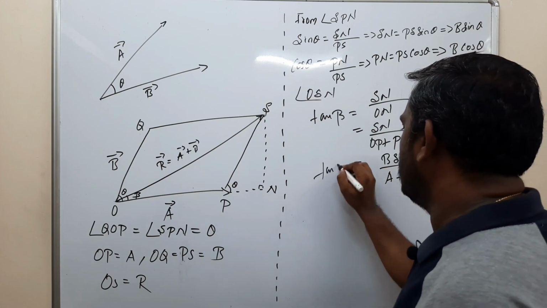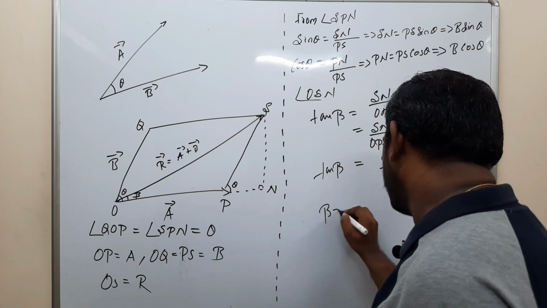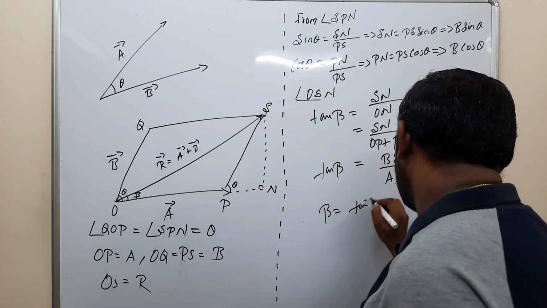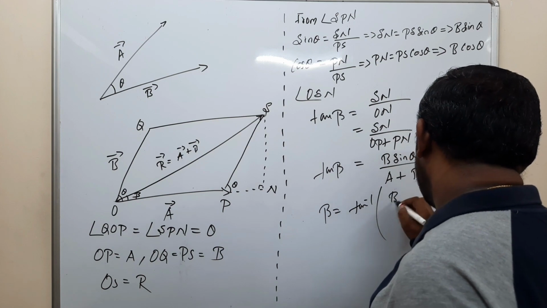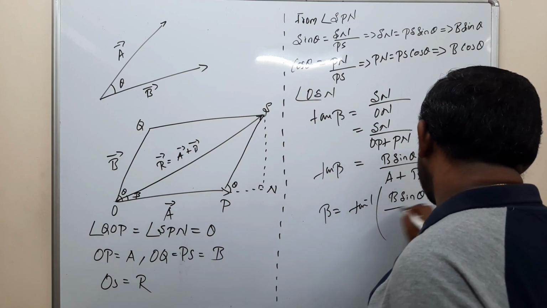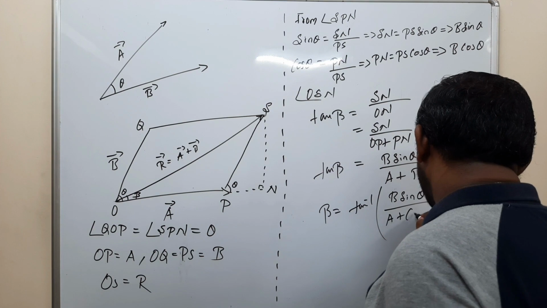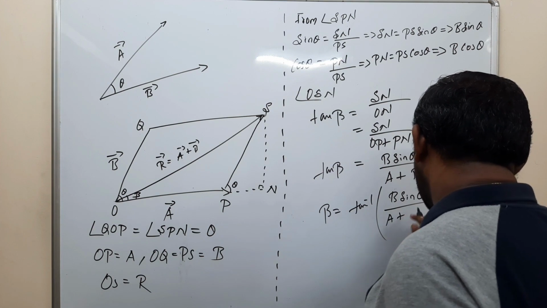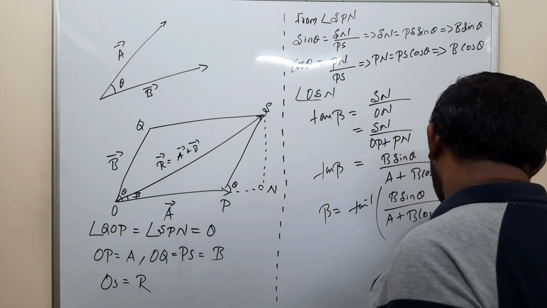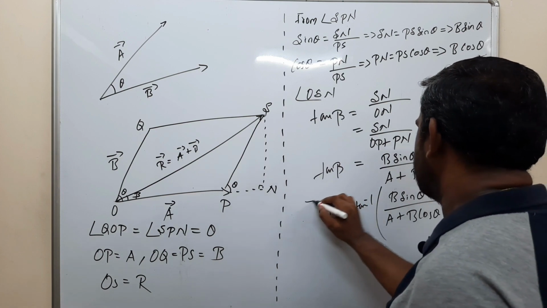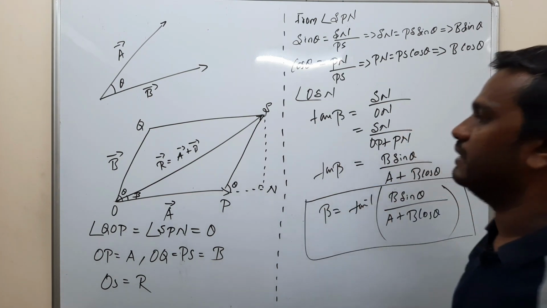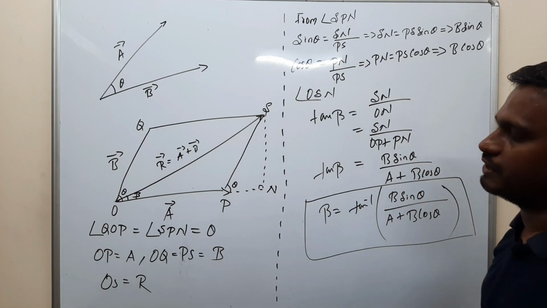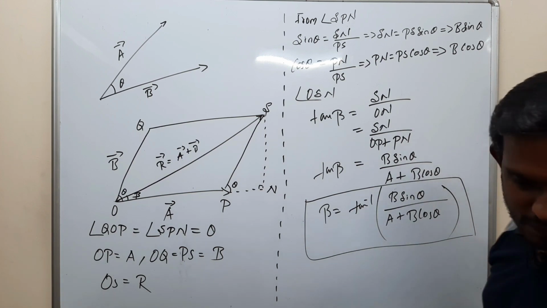This is tan beta, so beta is equal to tan inverse of b sin theta divided by a plus b cos theta. So this gives the direction of the resultant vector with a vector.